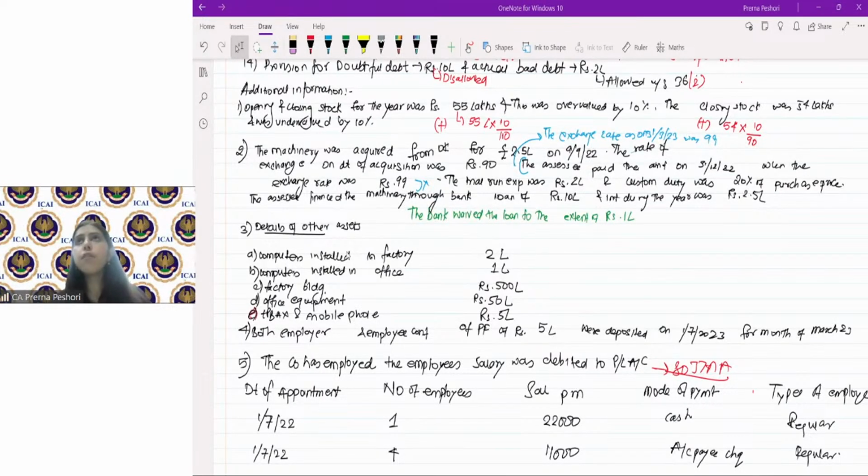Computers installed whether in factory or in office will be at 40%. Are we getting that? Computers installed in the factory, the depreciation will remain the same, which is 40%. Clear? How about the computers installed in the office? Again, it will be the same, 40% and not the rate of plant and machinery. Are we clear about that?